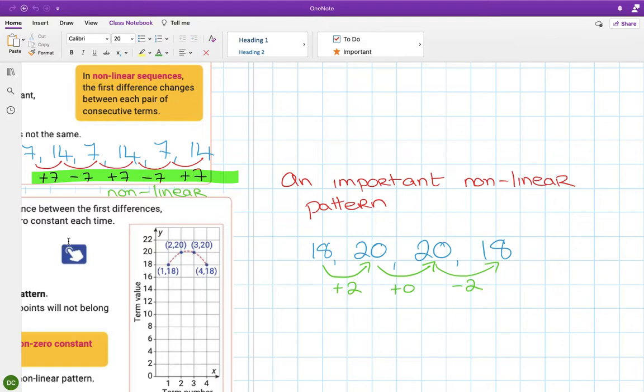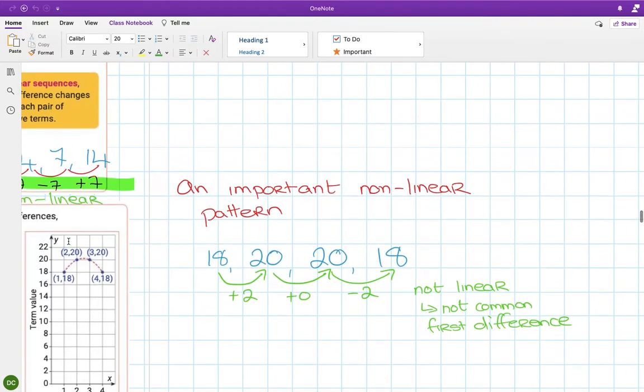So if I look at those numbers, okay, so this is definitely not a linear pattern, right? Because we do not have a common, now we talked about this a little in the homework, a common first difference. I'll explain why the first bit is important, okay?